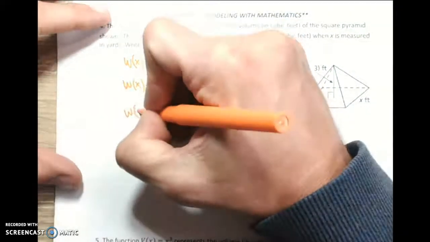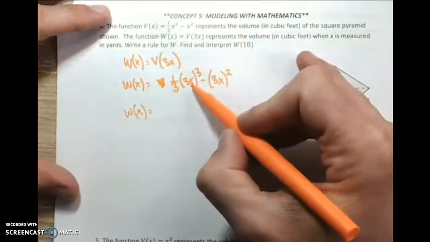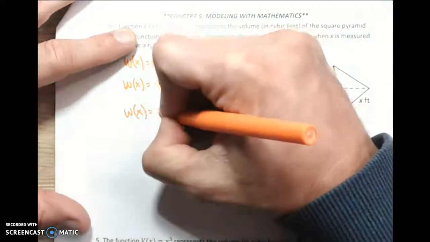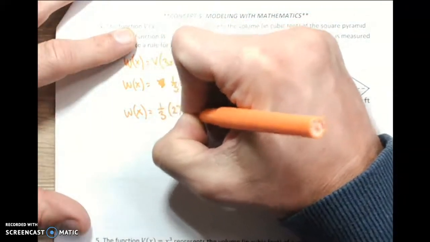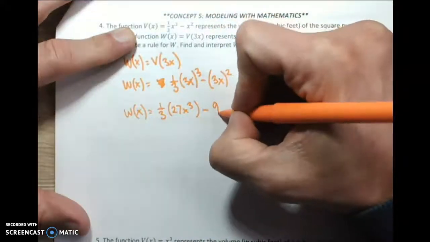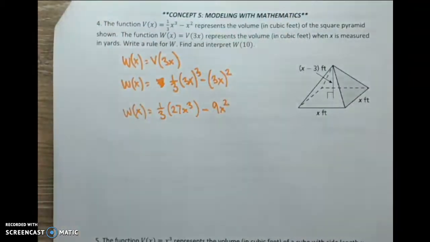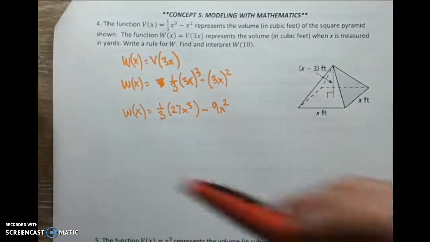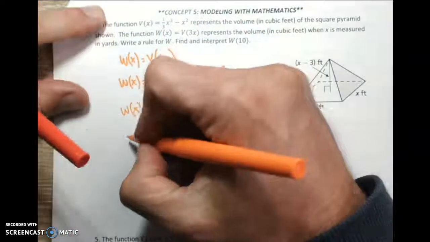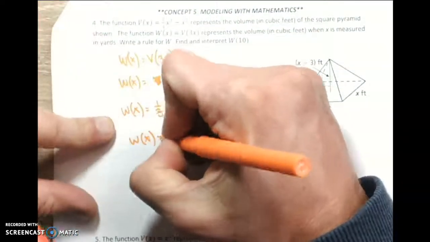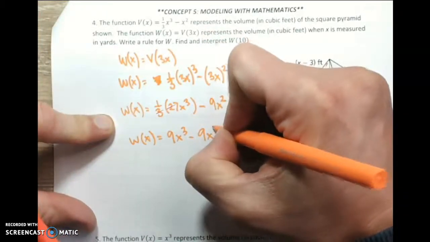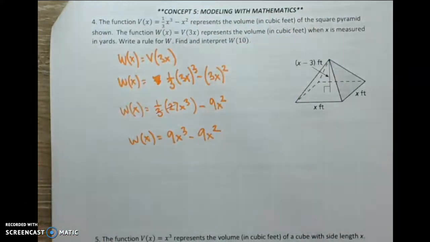So w of x equals 3x cubed, so that's 27x cubed, minus 3x squared is 9x squared. Okay, and I'm going to go ahead and divide 27 by 3, and I get 9, and that should be it. W of x equals 9x cubed minus 9x squared. Okay, there is our rule for w.